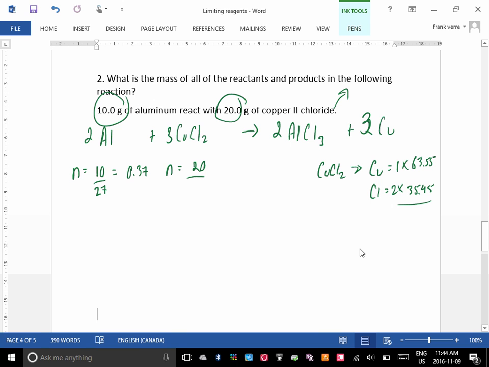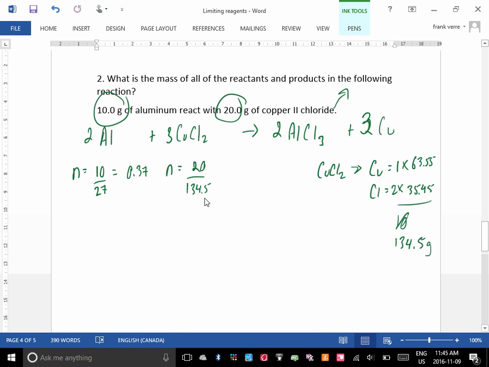So what's the sum of that? 63.55 plus 2 times 35.45. 134. Let's round it off. 0.5. Okay, so its molar mass is about 134.5.